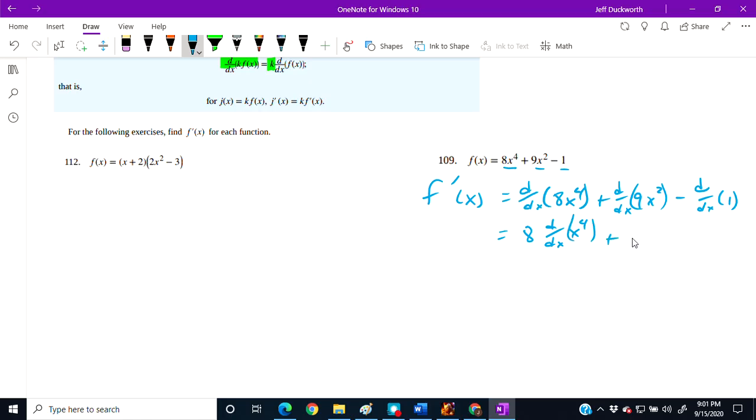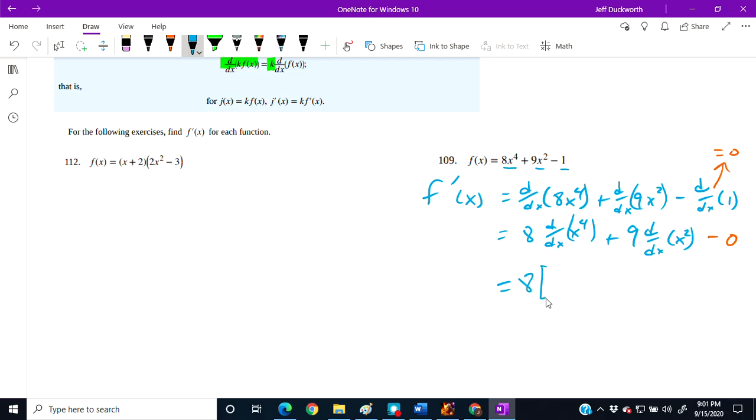The second one, we can pull out that other constant, 9 this time. The derivative of this last thing is equal to 0, where the derivative of a constant is just 0, so, minus 0, if you will. But that doesn't matter. Now, with this part, we're going to do the power rule.